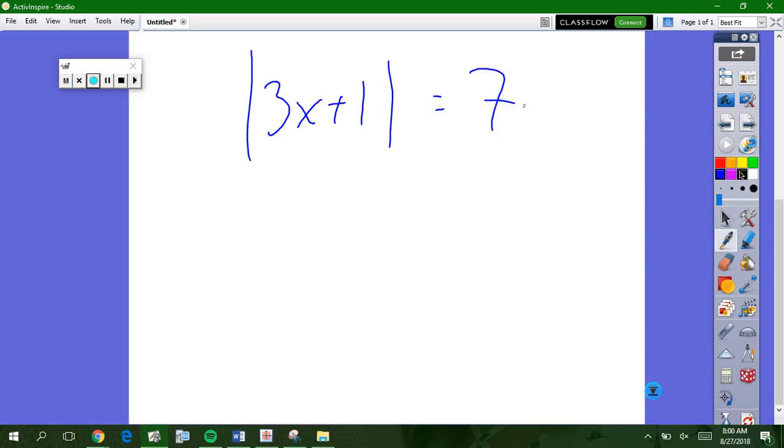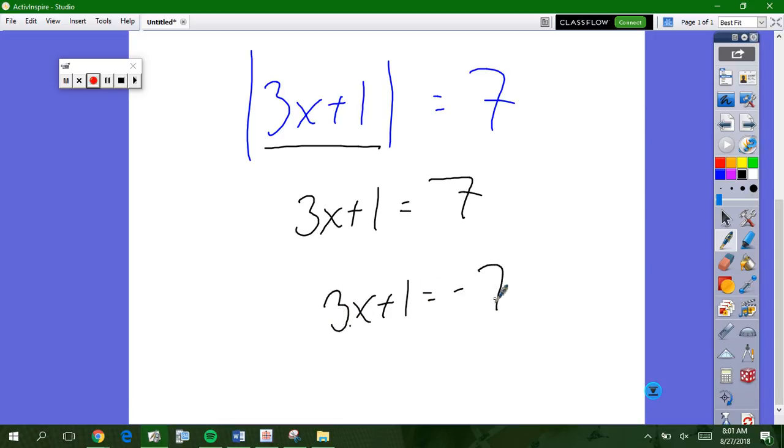So when we solve this, we need to put the value inside of the absolute value equal to who? We want to know when that distance is equal to 7. And we also want to know when that distance is equal to -7. Because these are the two distances that equal 7 units, right?